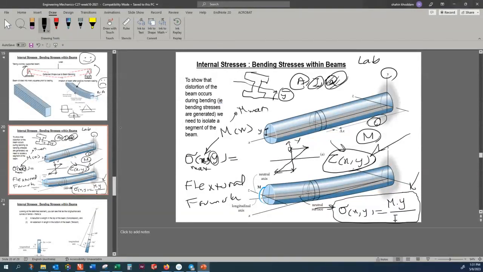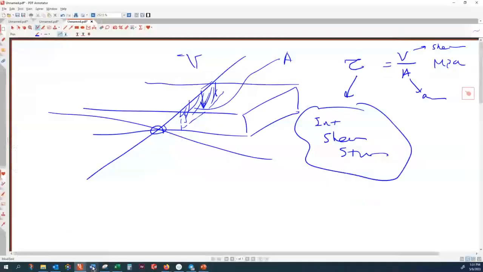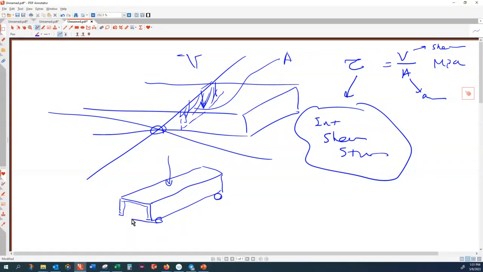Lab 3. In Lab 3, I give you a beam which has a C section. So this is my beam with a C section, right? And then you apply a load here. This beam is sitting on top of two rollers. This is simply supported.